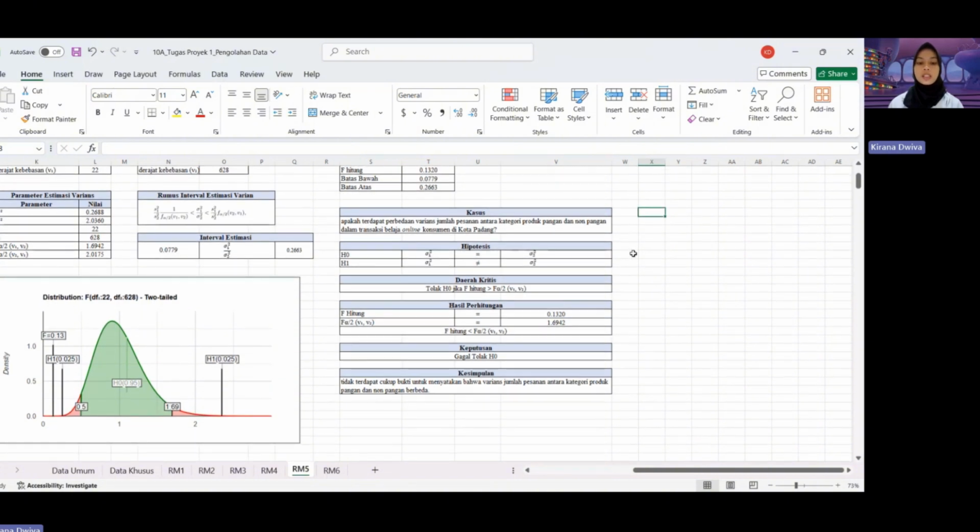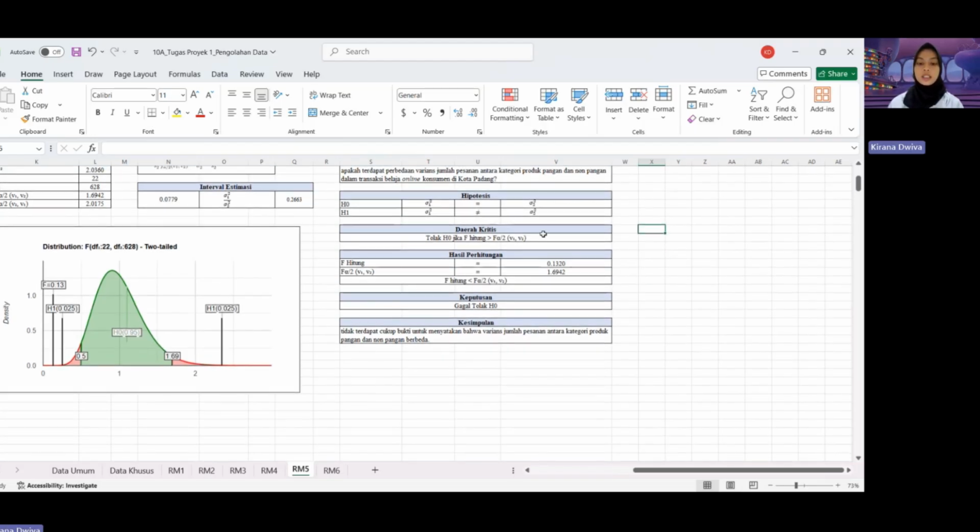With the hypothesis H0 is sigma square 1 equal to sigma square 2 and H1 is sigma square 1 not equal to sigma square 2. The critical region is reject H0 if F is bigger than F alpha per 2, V1, V2.